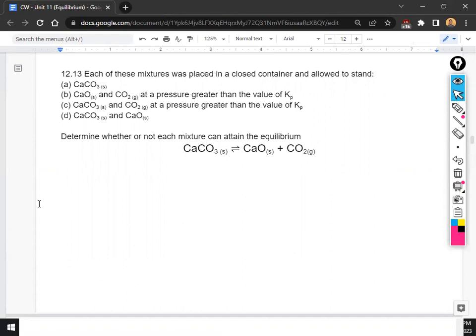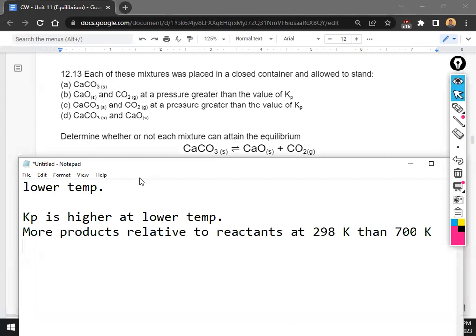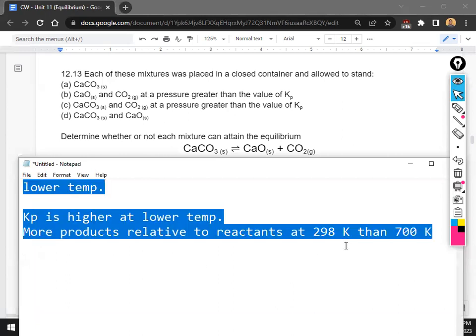Okay, so these mixtures right here are allowed to stand in a closed container. So these are all separate systems. Now, this is the reaction down here, and I want you guys to tell me, will these mixtures attain equilibrium? Okay, so let's do part A together, and then I'll have you try the rest of them on your own.